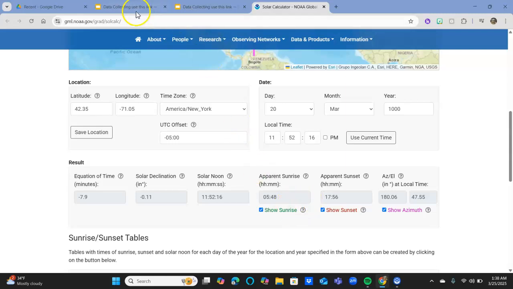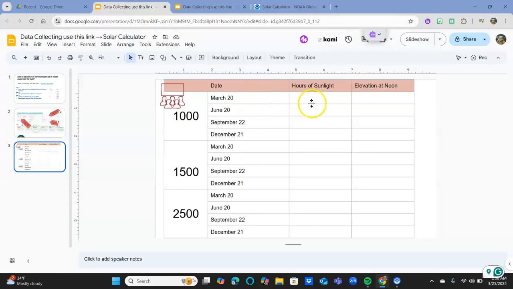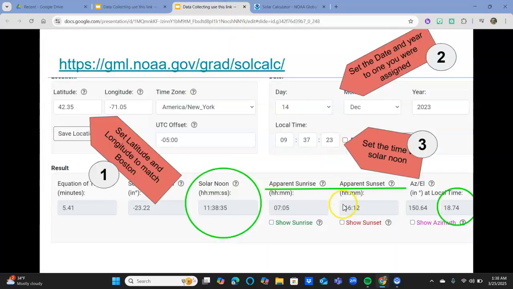So here's my sunrise time. I have to figure out the hours of sunlight, right? So I have to subtract the sunrise time from the sunset time, hours and minutes, right? And that will give me the hours of sunlight. And then the height is going to be right here.